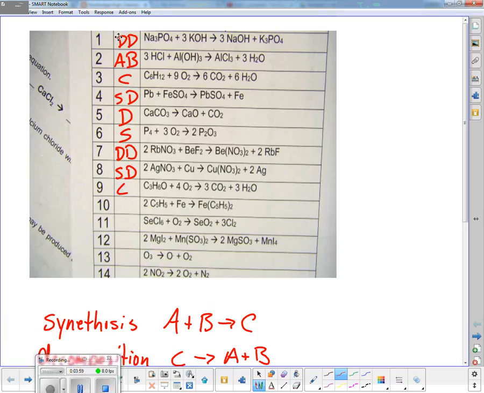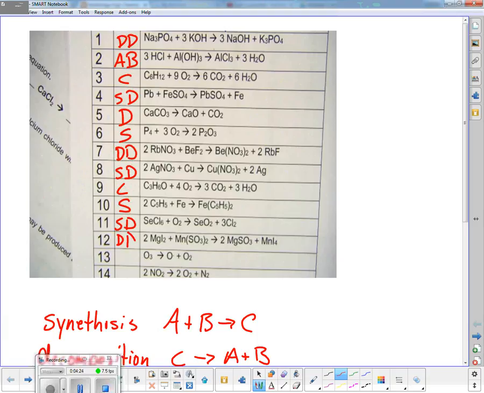Combustion. Here I have a compound and an element giving me a new compound. Synthesis, I'm putting them together, synthesizing. Here I have a compound, an element, an oxide, and an element. Single displacement, good.